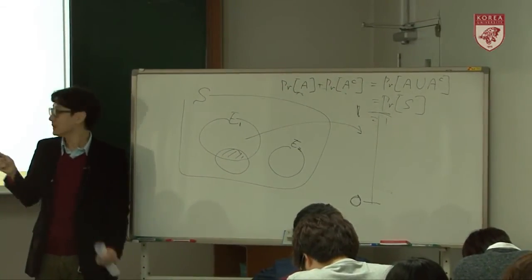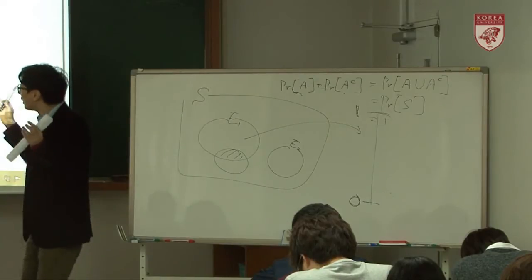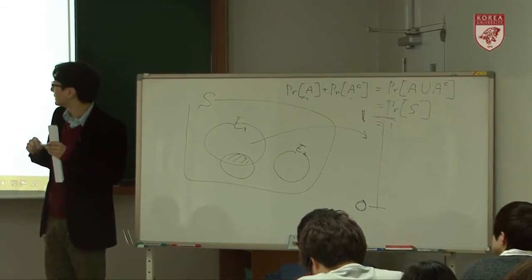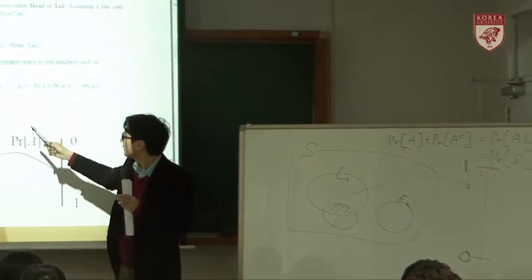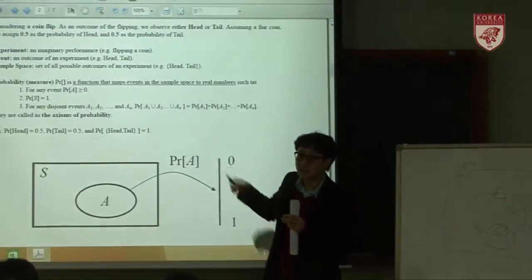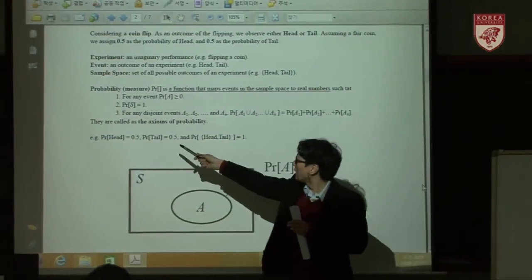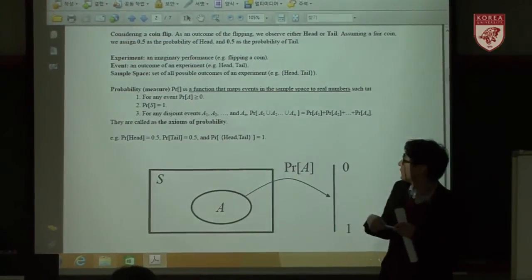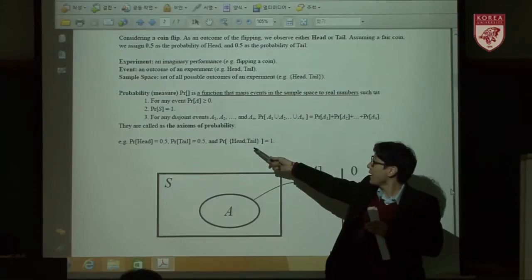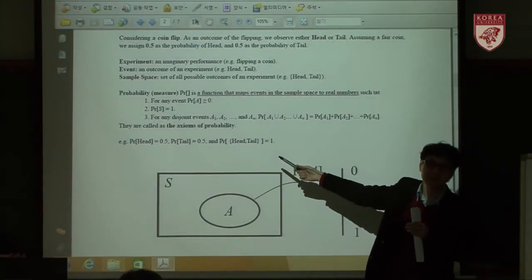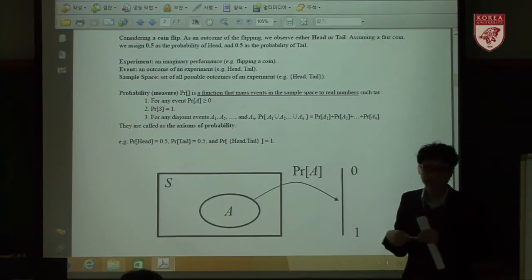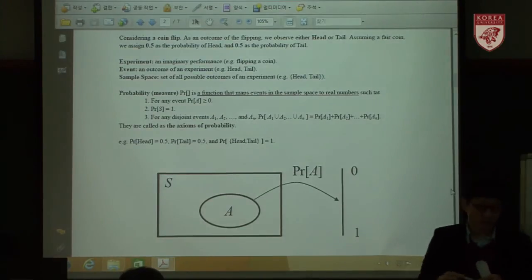Okay? So this is the simple definition of probability in mathematics. In our simple example of flipping a coin, the probability of a head is 0.5, the probability of a tail is 0.5, and the probability of head or tail is 1. That is the definition of the probabilities.